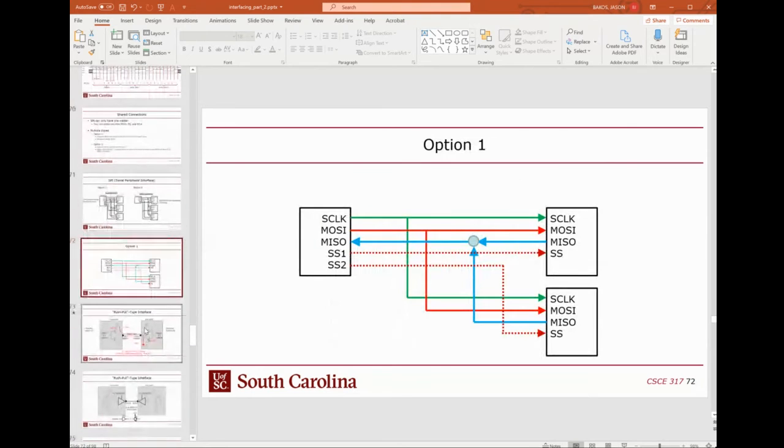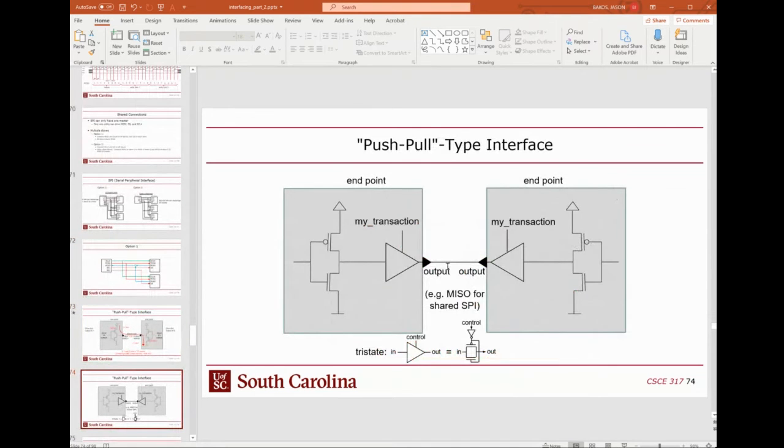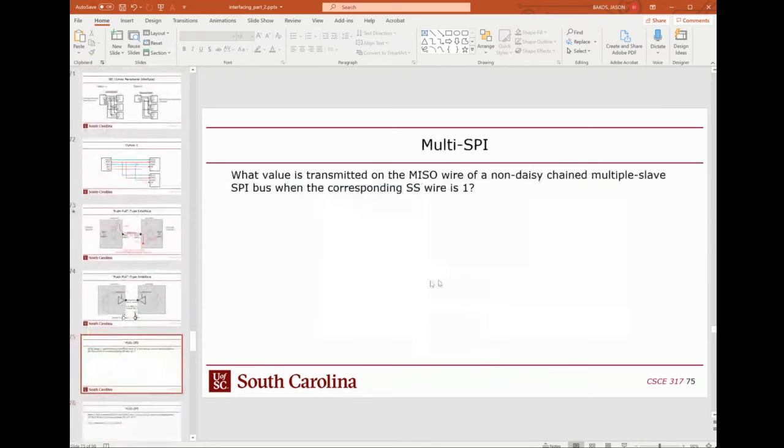So as long as the slaves have the ability to cut themselves off of the MISO line when they're not being addressed by the master, then it's not really a problem. And so I talked about that as well: to do that, the slaves would have to have some sort of electronic cutoff, to cut their MISO connection off, right? And the way they do that is through a tri-state buffer.